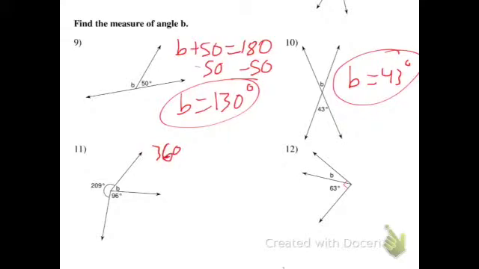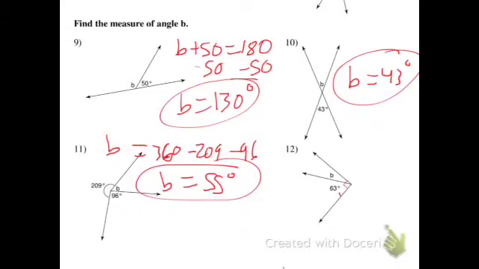You'd have to figure out what B is, so you subtract 209, and you subtract 96 to get what B is, because B is the last remaining part there. 360 minus 209 minus 96 is going to give you... oh, it's going to give me 55. So B is going to have to be 55 degrees.